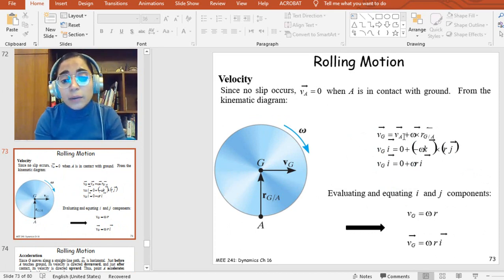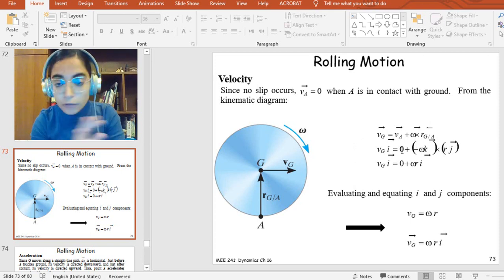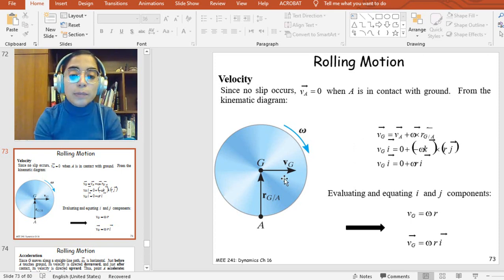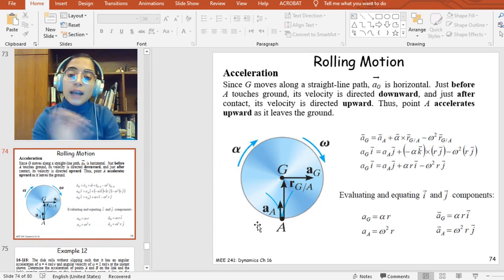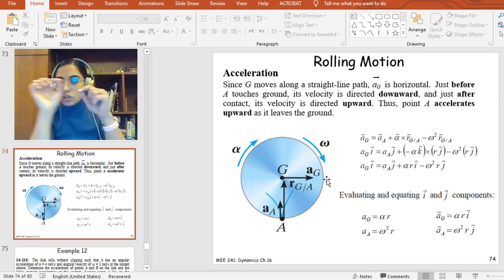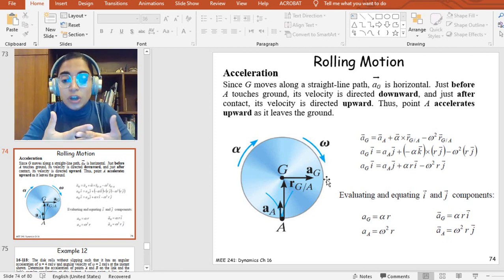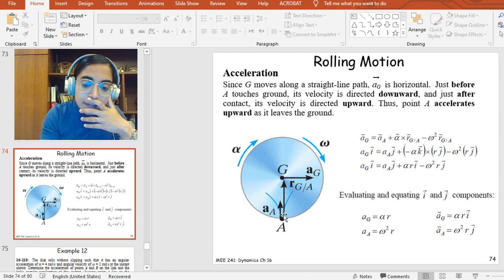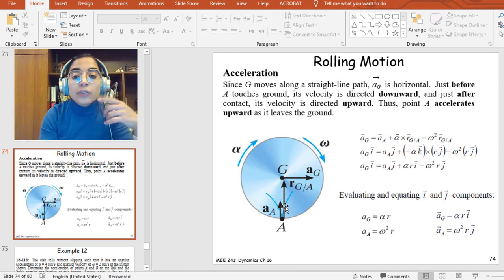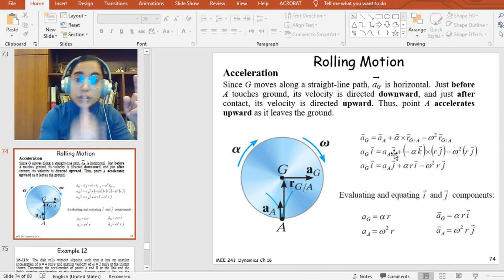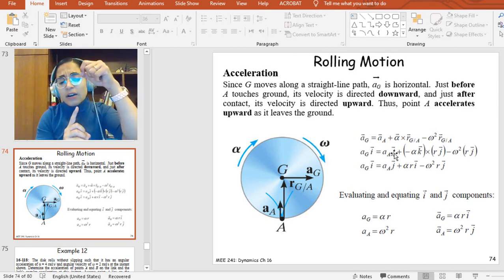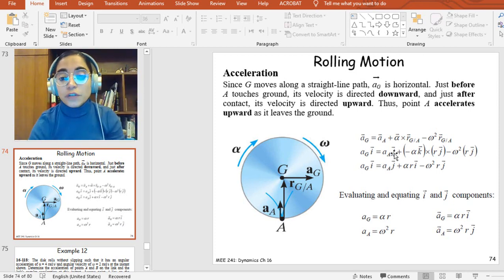So Vg will be equal to Va plus omega cross Rg with respect to A. Now Va is zero, the velocity at A is zero, so that Vg will be equal to R times omega. And if I apply the equation of acceleration, AG, since G is always moving in rectilinear motion, then AG will also be AG i, and AA, in fact, will have only a normal acceleration, so it is towards G, in the direction of j.